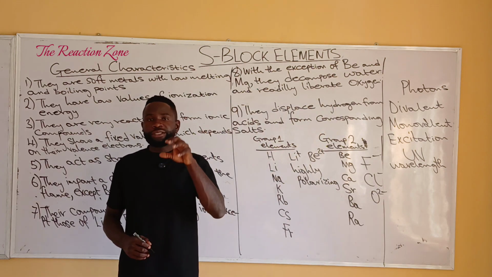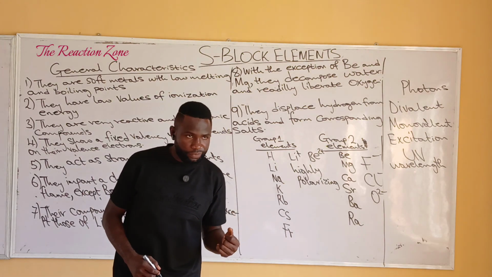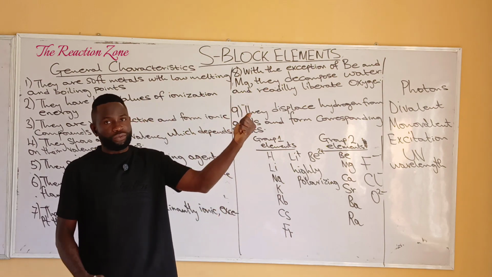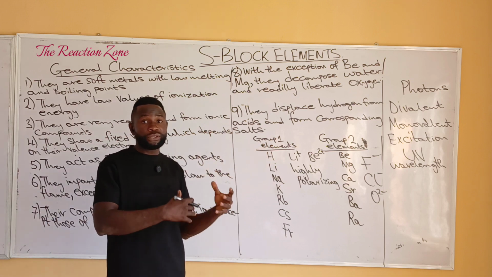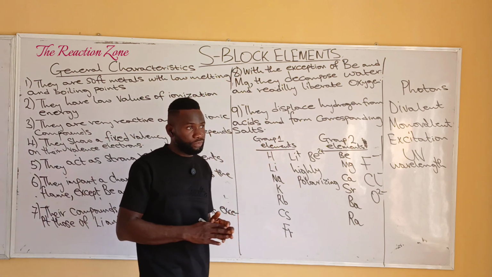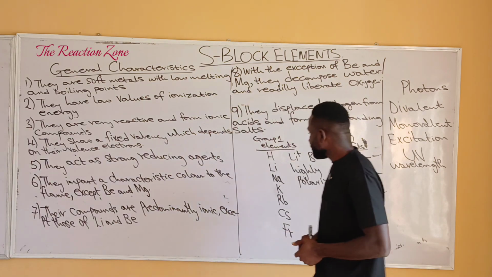They don't only distort the electron cloud of these anions, they pull the electrons towards themselves, and this favors sharing of electrons, which is what covalent bonding is based on.